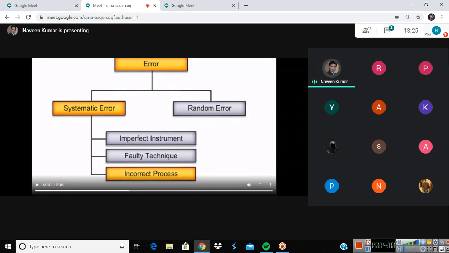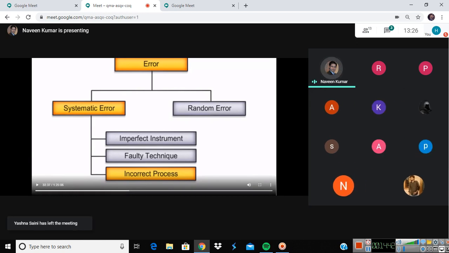The third one is incorrect process. We don't know the process, we don't know how to do the experiment, so some personal error arises due to the inexperience of the observer. Just like when we measure the time from a clock, but instead of standing in front of the clock, we view the time at some angle, so there is an error included in the readings.